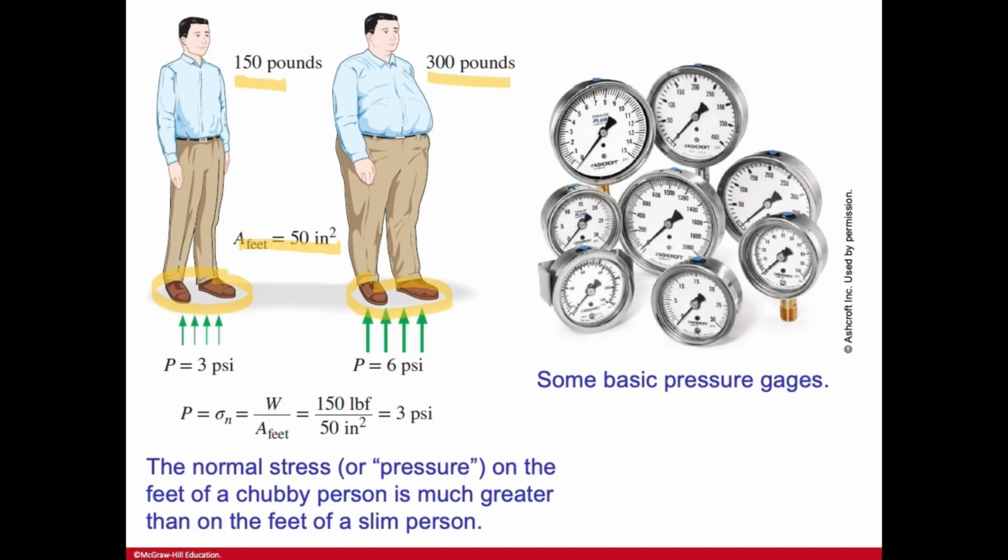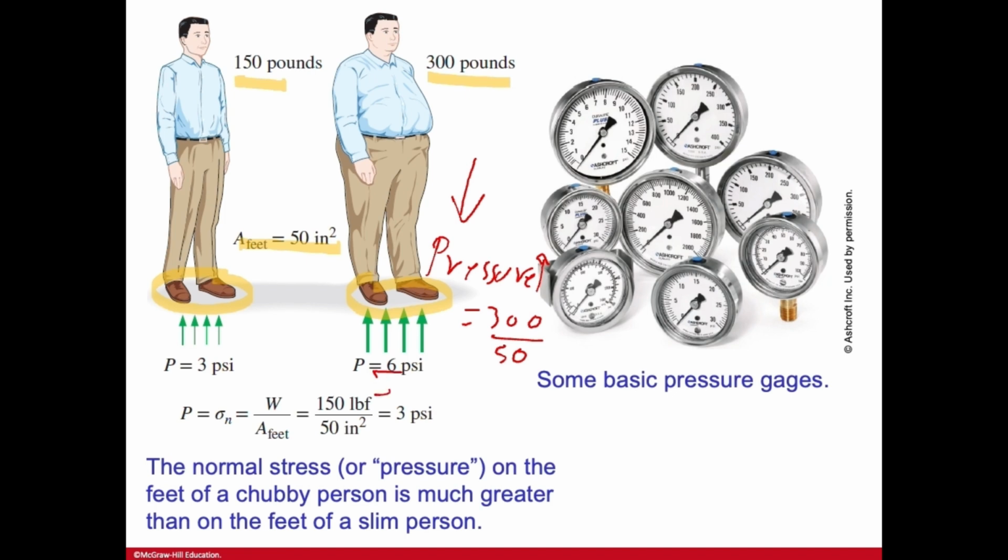So it should not come as a surprise that the pressure exerted by this person will be higher and will be equal to 300 pounds divided by the area, which is 50 in square. So that's how they got the 6 psi.